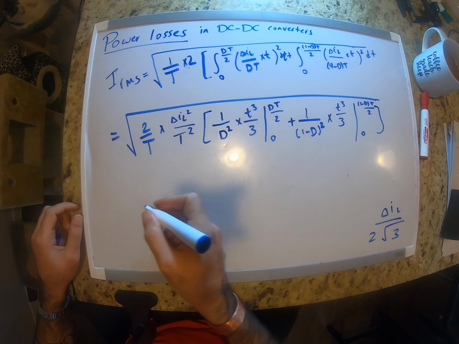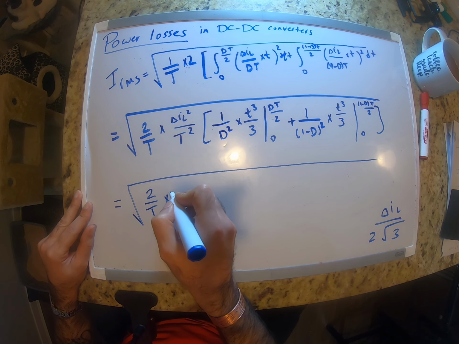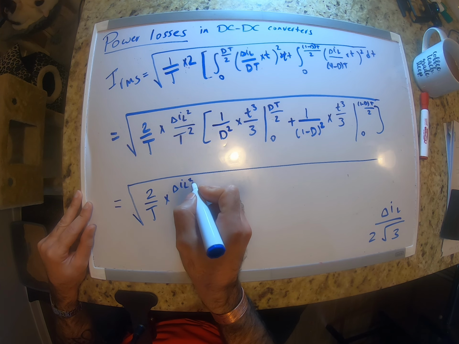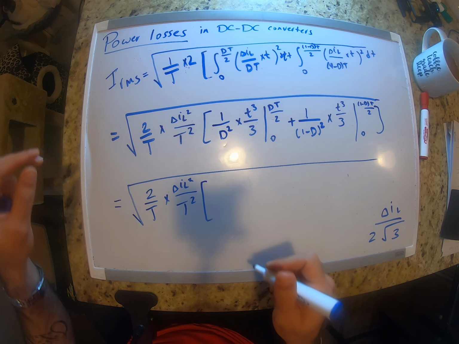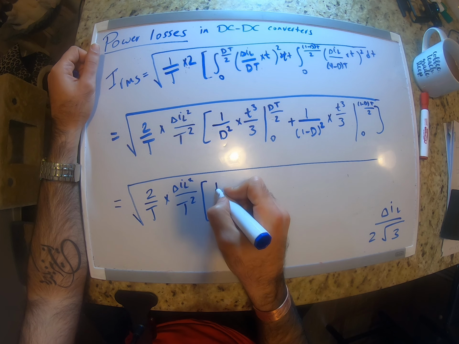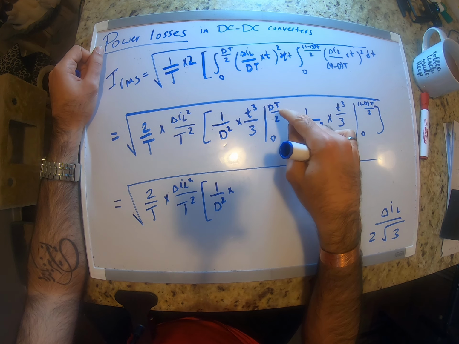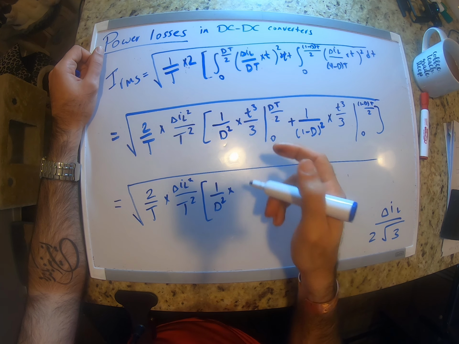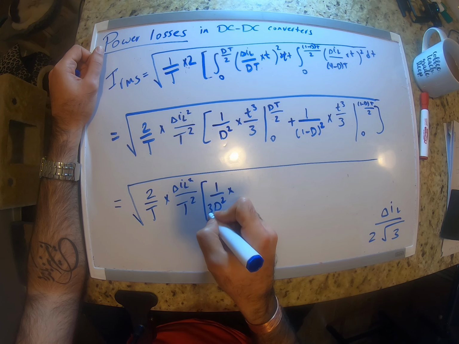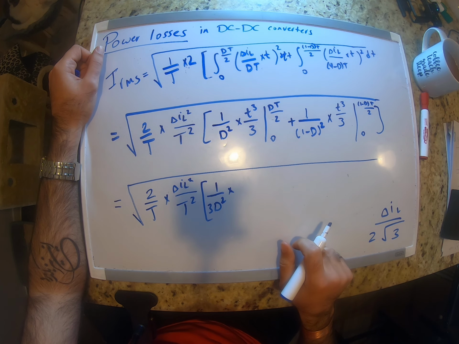Okay, so let's look at how this is simplified. These constants are not changed. This one is going to be 1 over d squared times this thing raised to, let me take the 3 out, this thing raised to power 3.